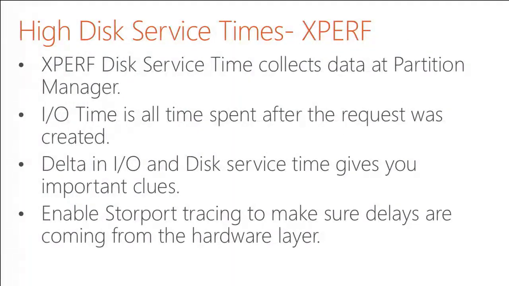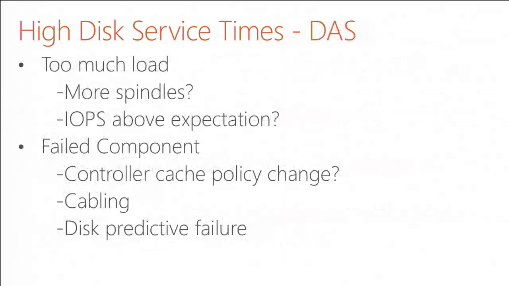Here I explain the high disk service times and what to do. Enable storport. If it is a DAS, maybe more spindles will help. IOPS above expectations, so we need to know what we expect on IOPS too. Or a failed component, a controller, a cabling.